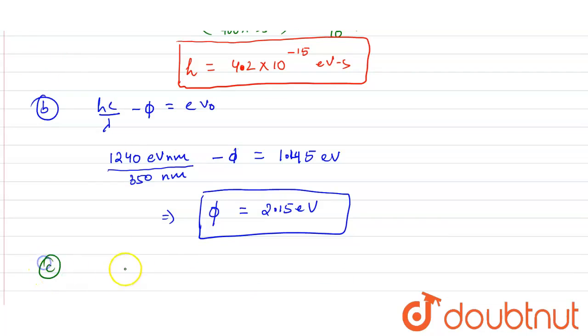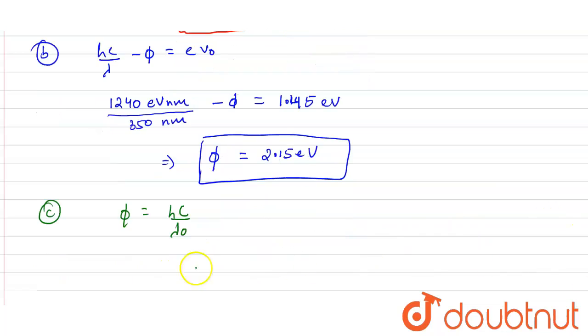Okay, now in the third part we have to find the threshold wavelength. So we know that the work function is hc upon the threshold wavelength. So from here we can calculate the threshold wavelength as hc upon phi. Now hc is how much? 1240 electron volt nanometers divided by the work function we have calculated, that is 2.15 electron volts.